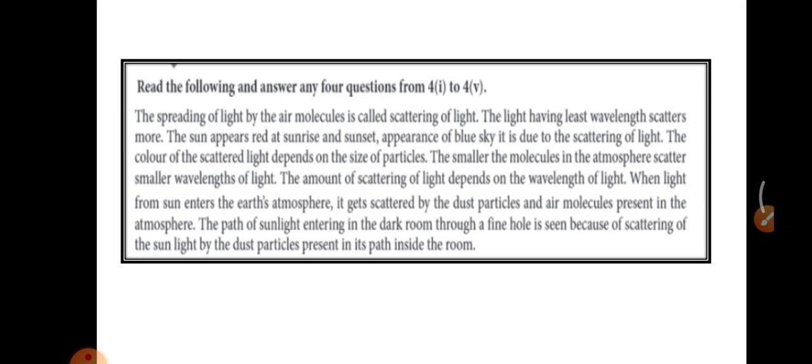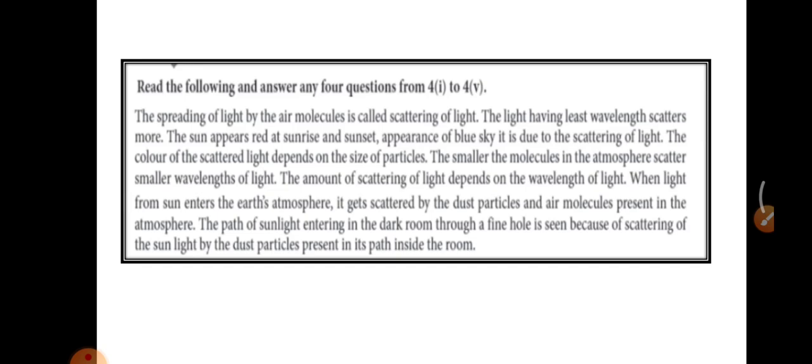The question number 1. Read the following and answer any 4 questions. The spreading of light by the air molecules is called scattering of light. The light having least wavelength scatters more.